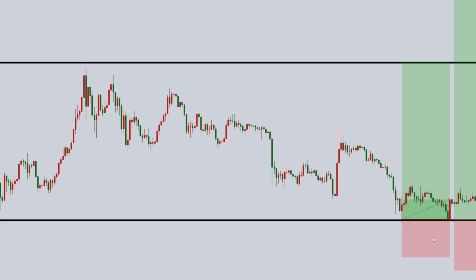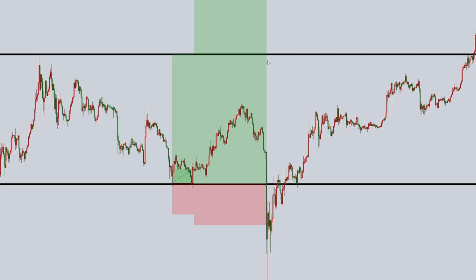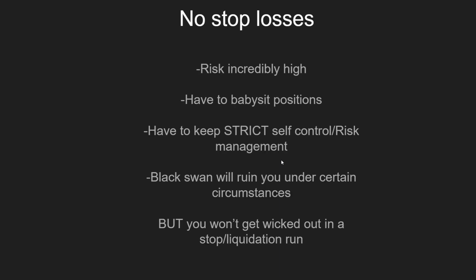And here, a nice example of a trade you would want: place your stop here a little bit wider and target is these highs, of course. And then, this happens. No stop losses: risk incredibly high, you have to babysit positions, and keep strict self-control and risk management.